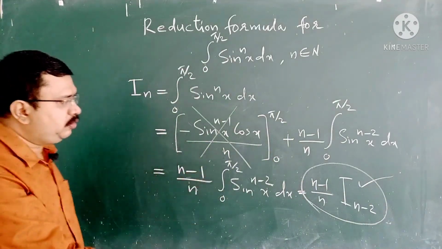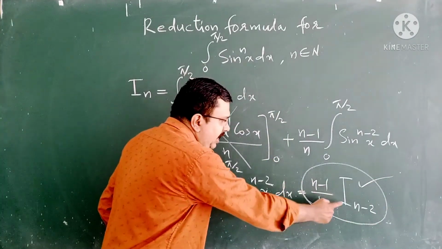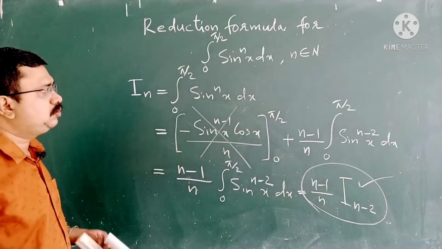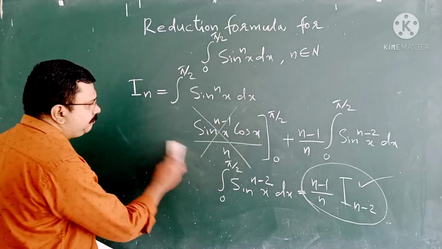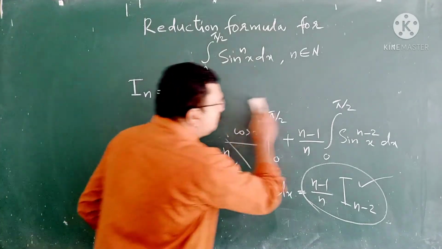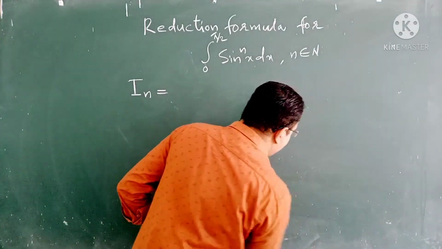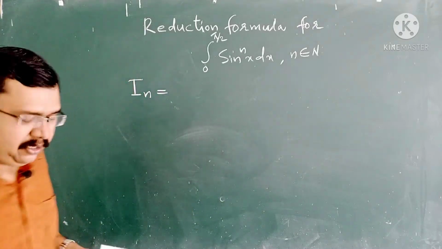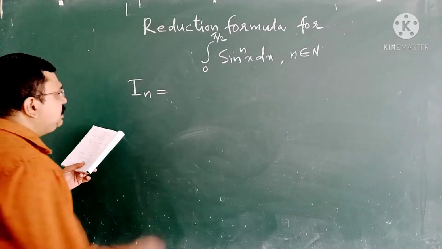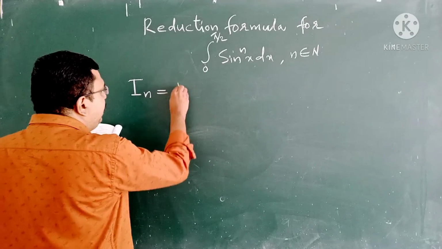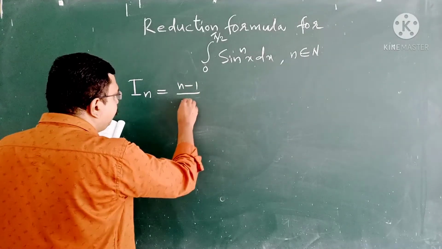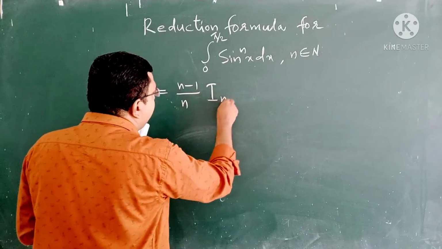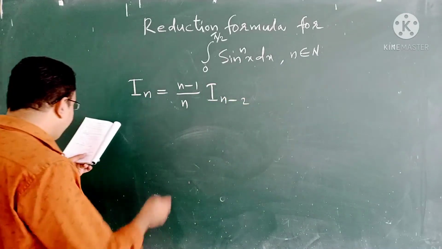I n is equal to n minus 1 by n into I n minus 2. Okay, next listen. We get I n is equal to n minus 1 by n into I n minus 2.